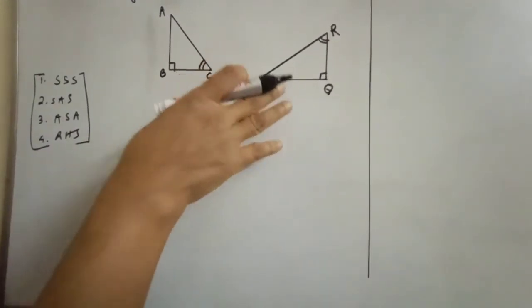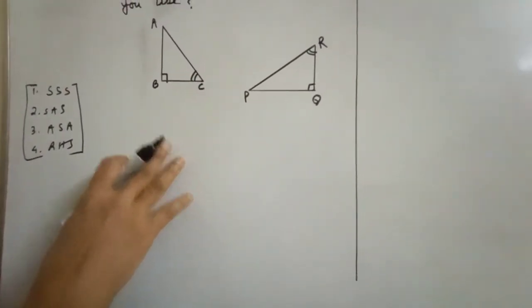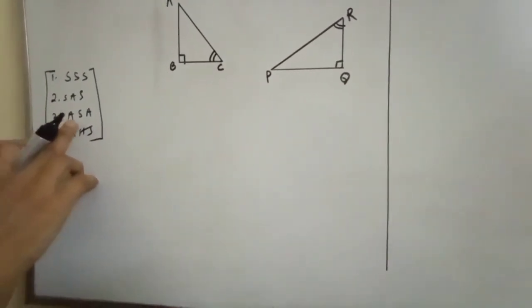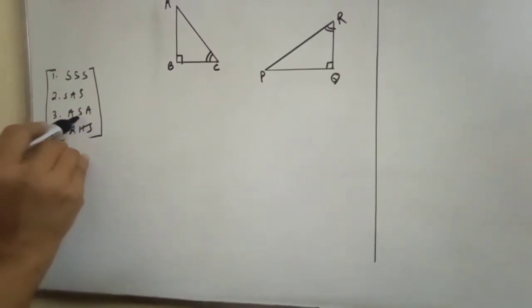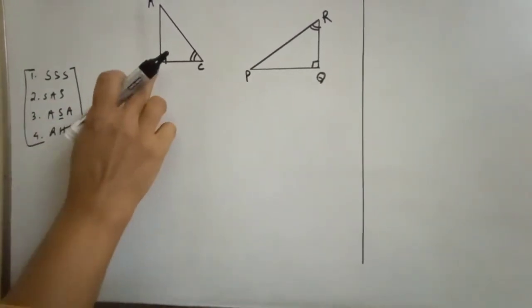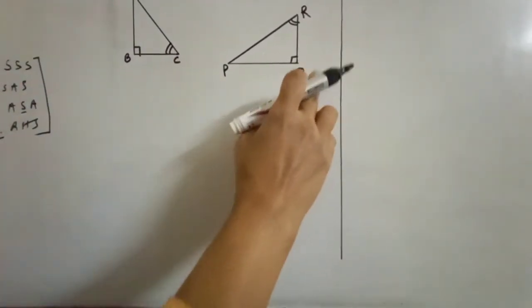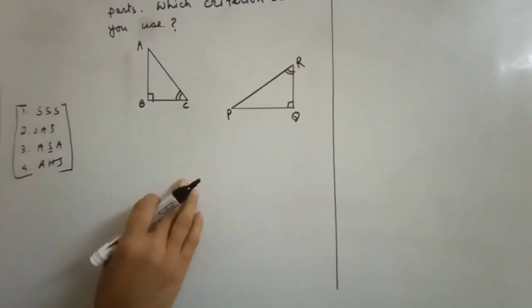Think, look at the picture and think which criterion you want to use. Two angles are there, so the maximum possibility is that you can prove angle side angle, but which side can you take? Angle side angle: if you take BC equal to QR, then you can use the angle side angle criterion.